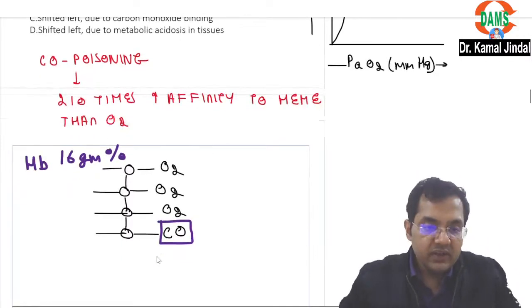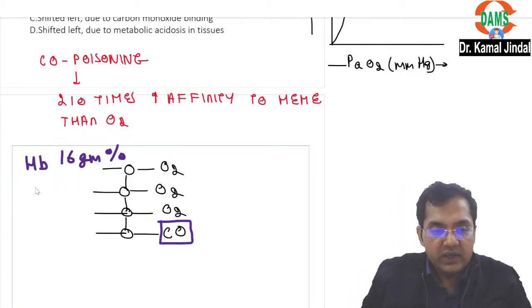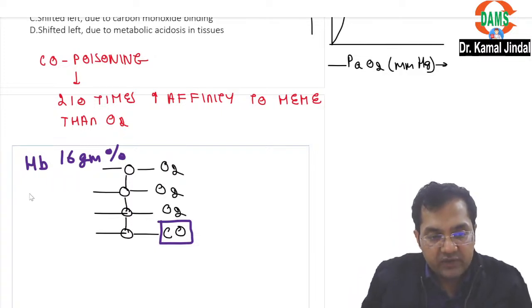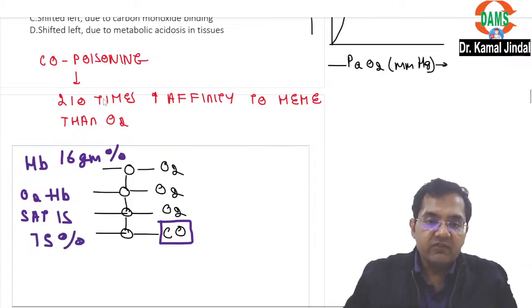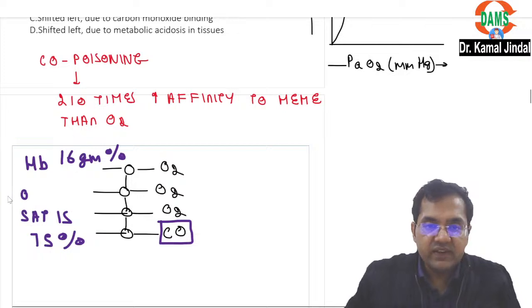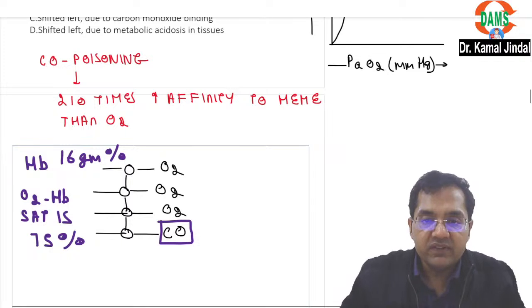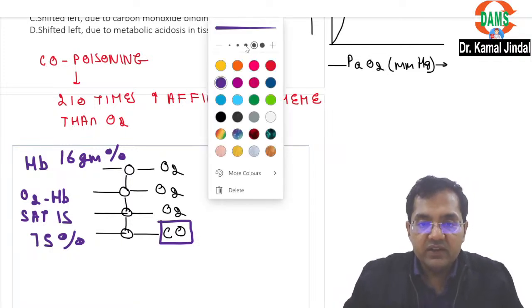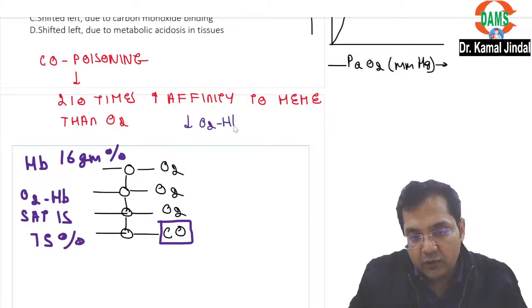If one site is occupied by carbon monoxide, think about it, then this person now has only 3 places where oxygen is bound. That means his oxyhemoglobin saturation is only 75%. I hope you got it. Why? Because out of 4, 3 sites are occupied by oxygen, 1 has been taken by CO. So the first thing to understand is that carbon monoxide poisoning decreases the oxygen hemoglobin saturation, right?